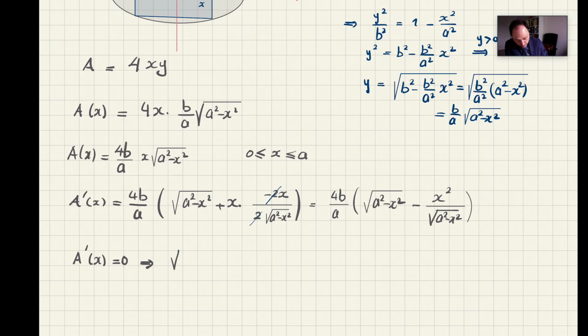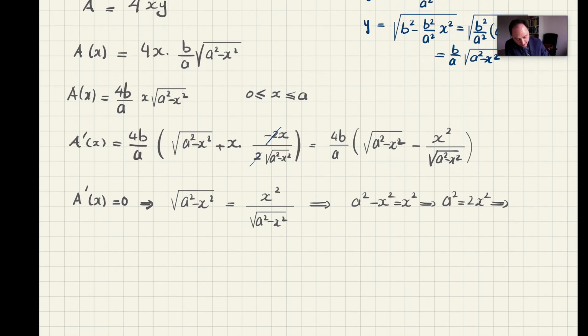So this implies that square root of a squared minus x squared is equal to x squared divided by this expression. And then I multiply both sides by this. So then it becomes a squared minus x squared is equal to x squared. So this means a squared is equal to 2x squared.